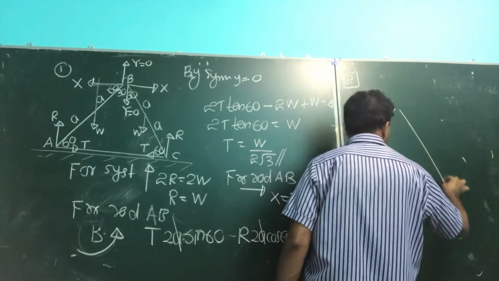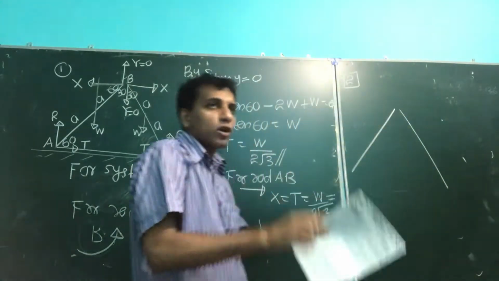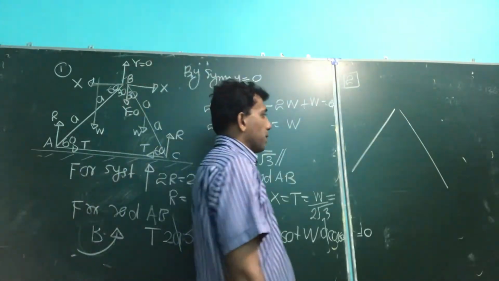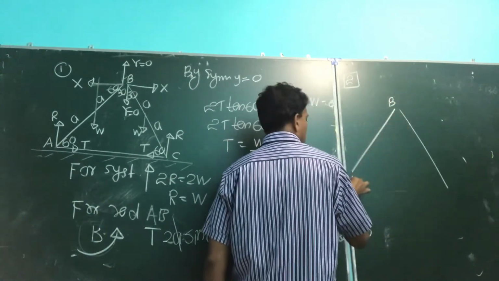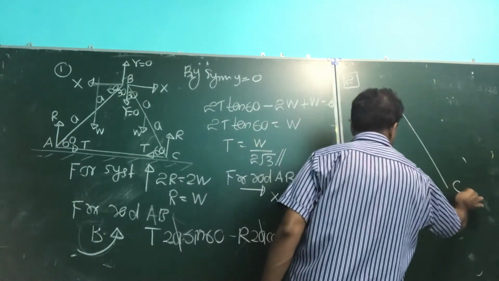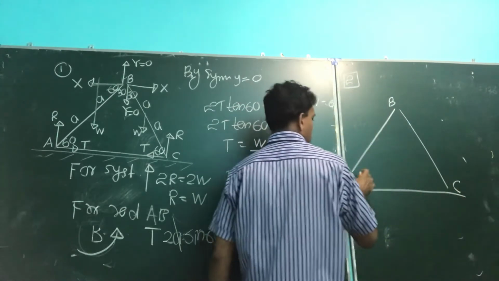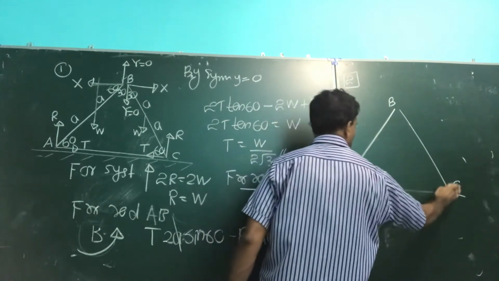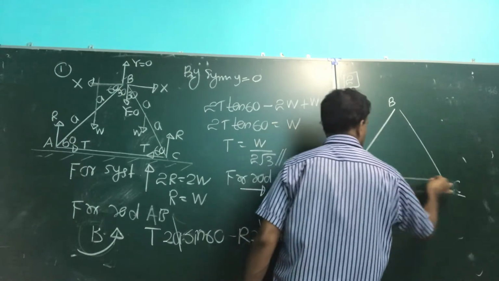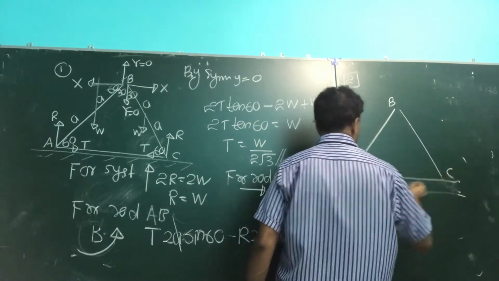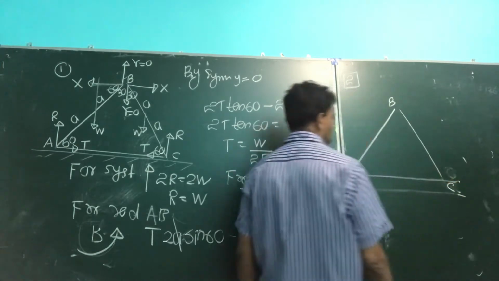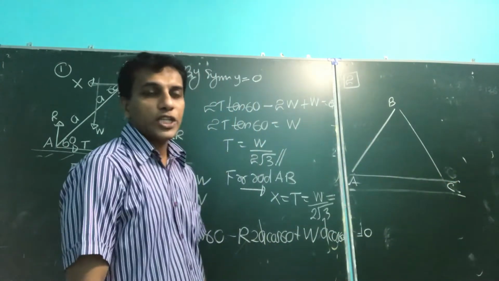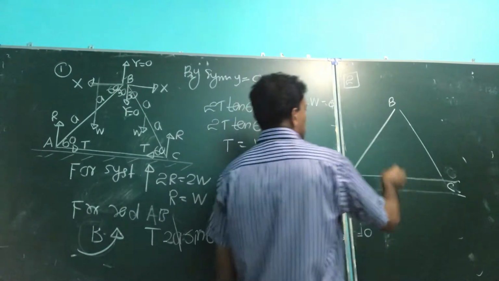Draw clearly the equilibrium posture. Don't join the two rods. Leave a small gap, right? Show the small gap. So here B, A and C, right? The two rods are kept on the horizontal floor, both hinged at B, no?